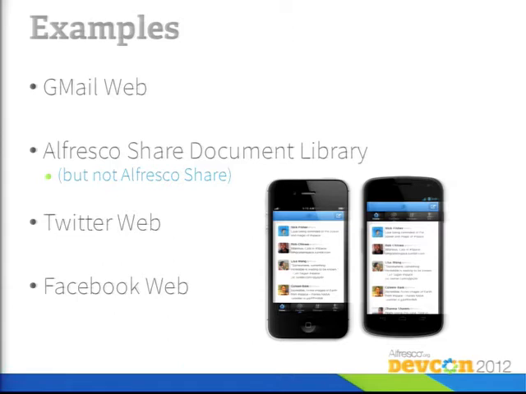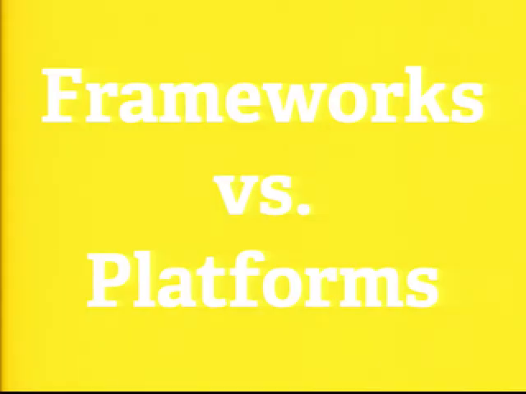I would say that the doclib component inside Alfresco Share is a fairly good self-contained HTML5 single-page app. Not the whole of Share, because if you click Wiki, you actually load up a separate Wiki page. Essentially, you're reloading a whole new page. But within the doclib, you can do a lot without page refreshing, and I think that's a good example. But the Twitter web app and Facebook web app are all good examples of HTML5 types of apps.